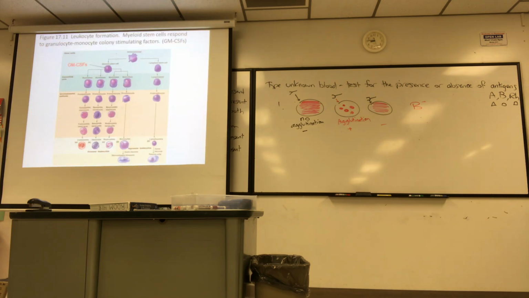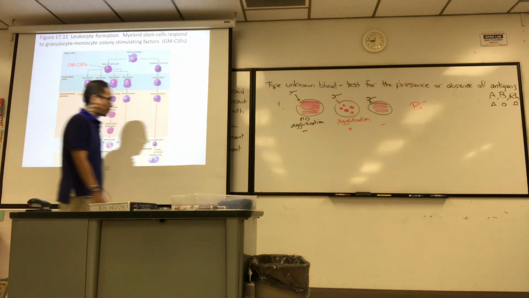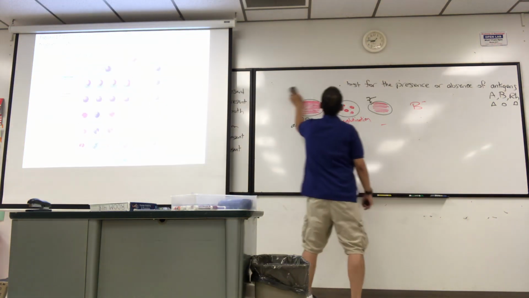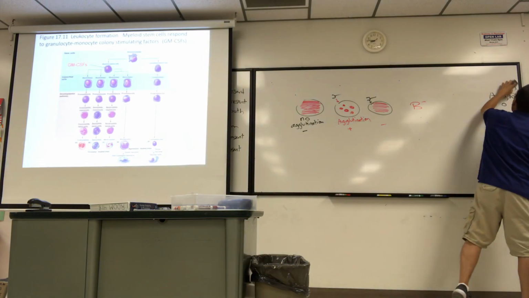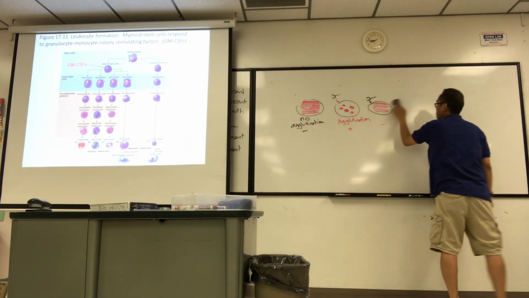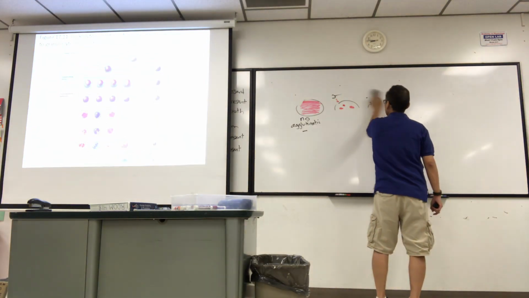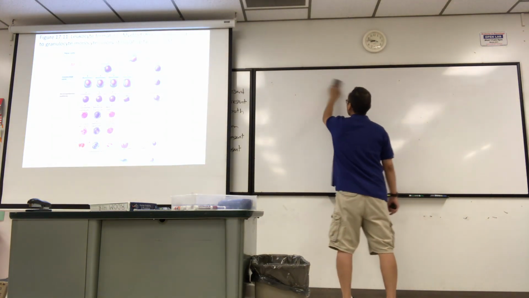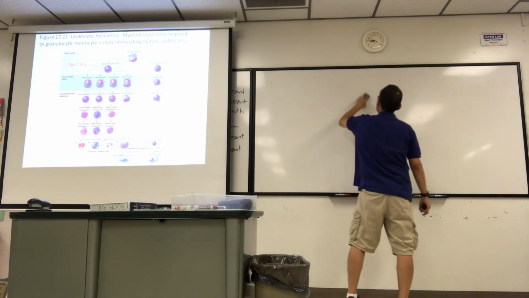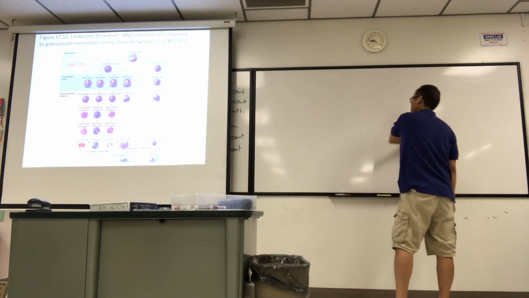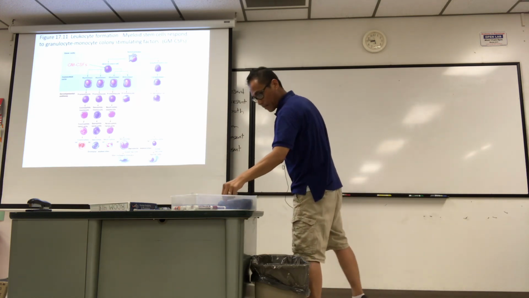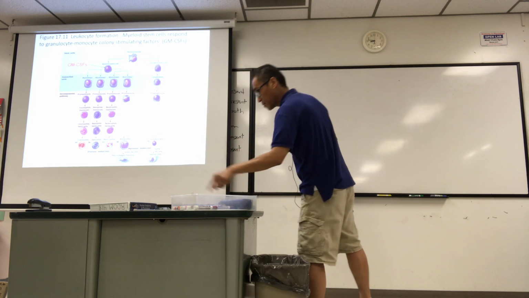The details I want you to know: we talked about how red blood cells form from hemocytoblasts. Now I want to talk about how the white blood cells form. Let me draw a generic cell at the top of the board, and we'll call it a hemocytoblast.